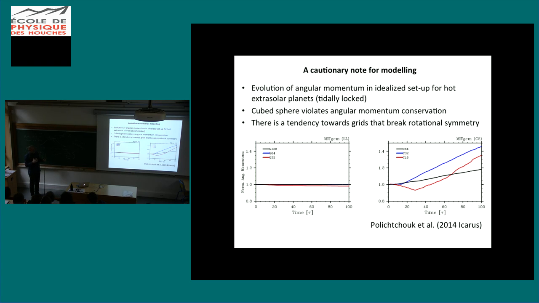Okay, it's not continuous, but as you go to higher resolution, and actually just the way that the spectral scheme is done, you conserve it. This is a hypothesis, but it seems to me if you have a grid that breaks rotational symmetry, you're going to have a very hard time. You're building in a sort of non-conservation even in the adiabatic part of the system, which I think has to have consequences. So I think that's an interesting question.